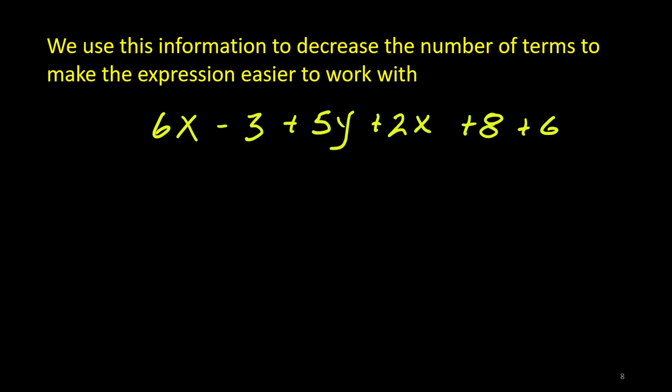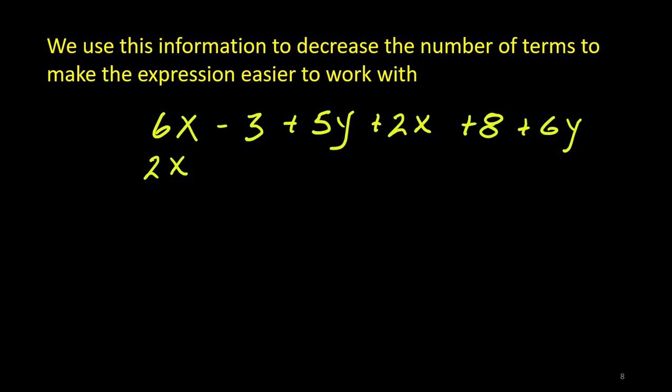The way I typically like to do this is I start off at the left-hand side and just work my way across the expression. So I have a 6x term. I'm going to just move to the right until I find another x term, and I find it here, and I'm just going to write them here like this.